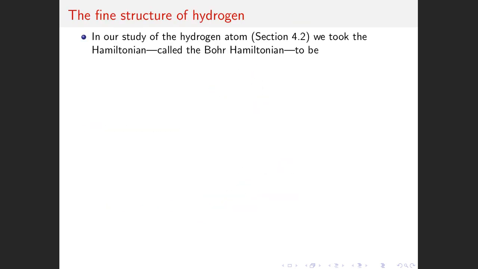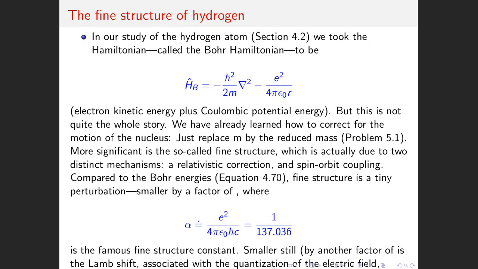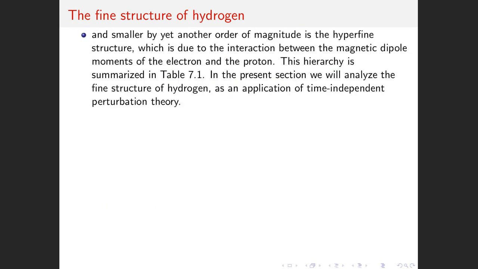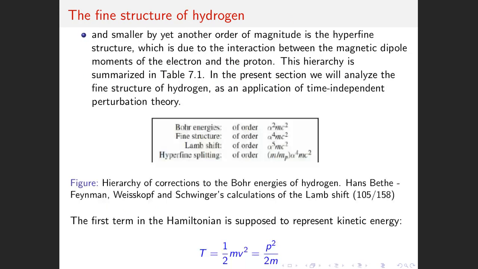Let me summarize what I'm trying to do. I'm trying to show that the Bohr energies are of order alpha squared, and the fine structure terms will give you alpha to the 4. So what is alpha?